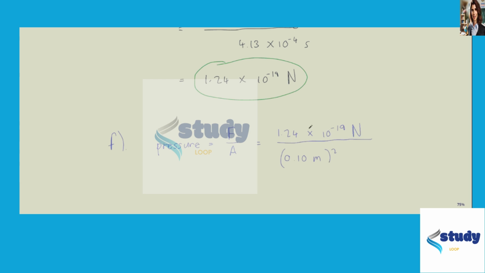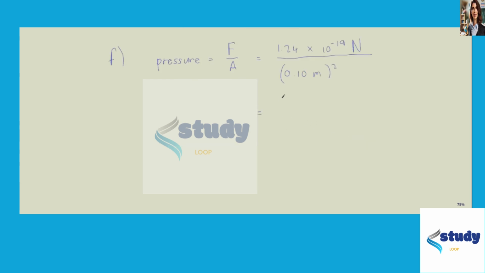And so if we calculate, we get the pressure due to a single oxygen molecule to be 1.24 times 10 to the minus 17, in SI units, which is pascals. So that's the pressure of one oxygen molecule exerted on the walls of this container.